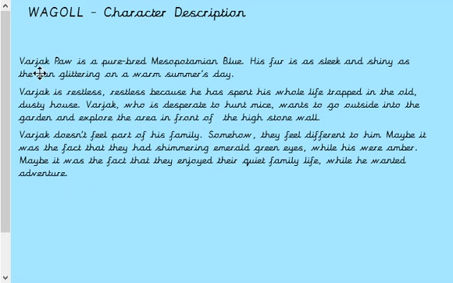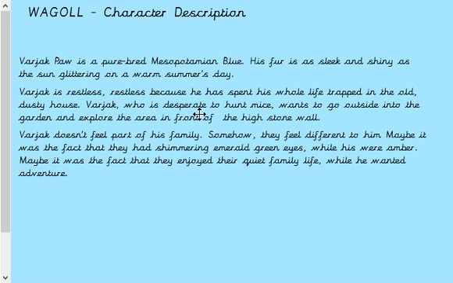Okay, so Varjak Paul is a purebred Mesopotamian blue. His fur is as sleek and shiny as the sun glittering on a warm summer's day. Varjak is restless, restless because he has spent his whole life trapped in the old dusty house.